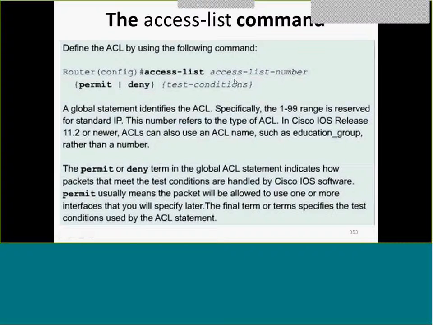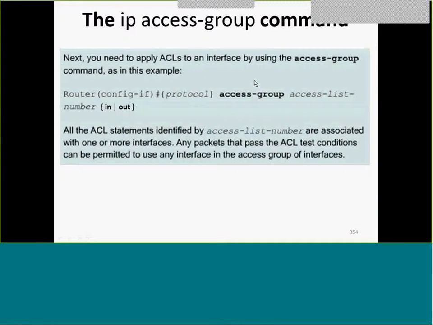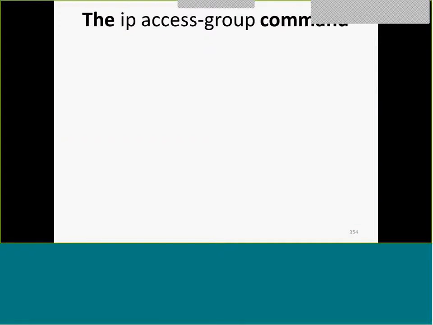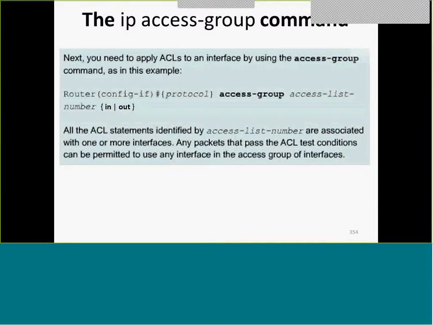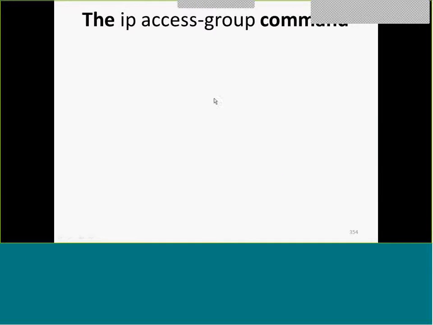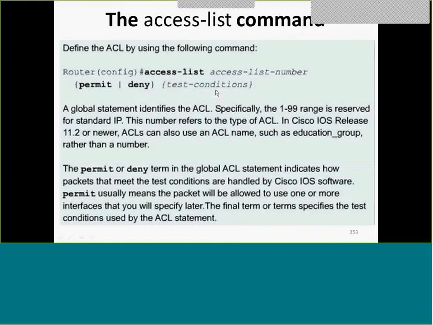Permit or deny, test condition, source or destination. An example: you configure it in global configuration, and to make it effective, you apply it on the interface config with the access-group command and the access list number.